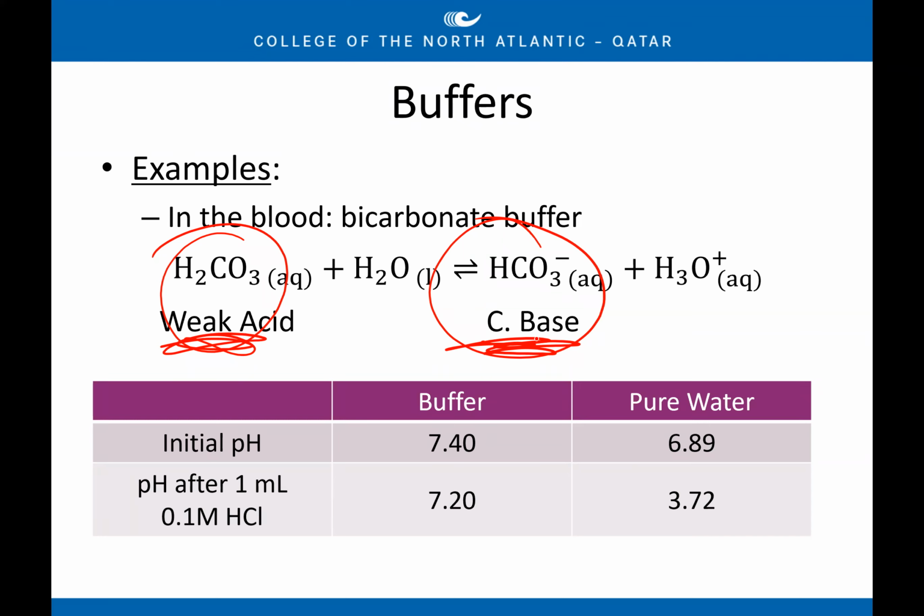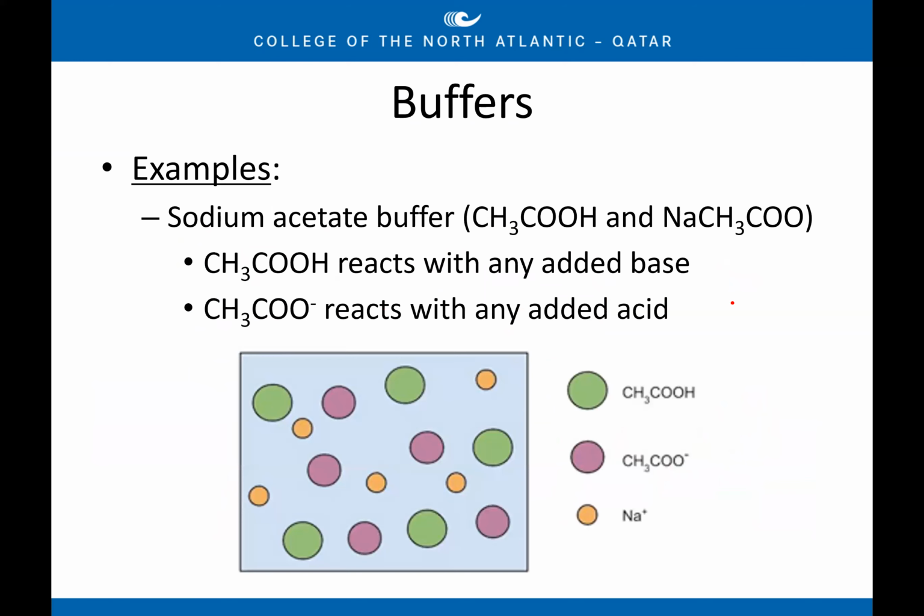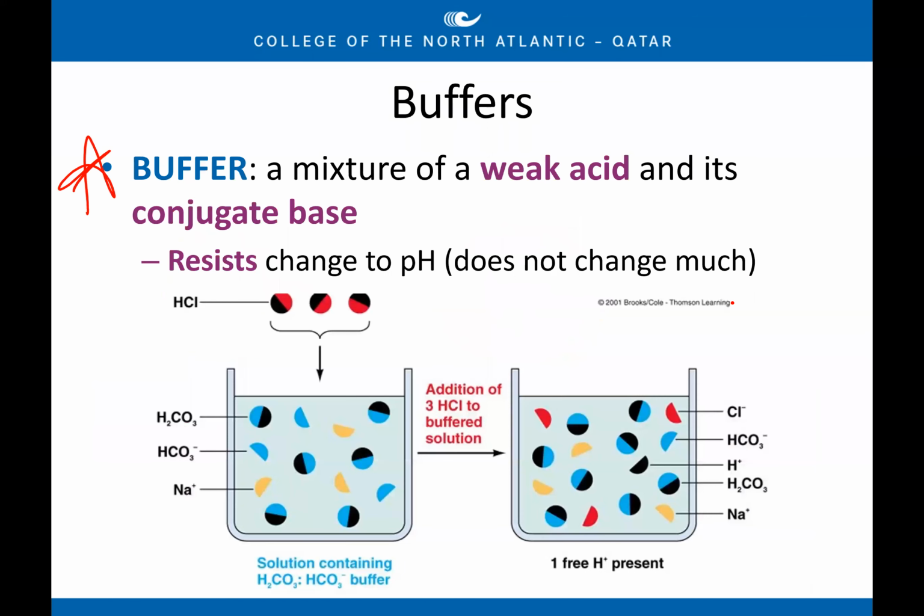It's truly amazing how your body works and how it fights these pH changes. You don't need to memorize this on the bottom. What you really need to know is that a buffer is a mixture of a weak acid and its conjugate base, and it resists changes to pH.